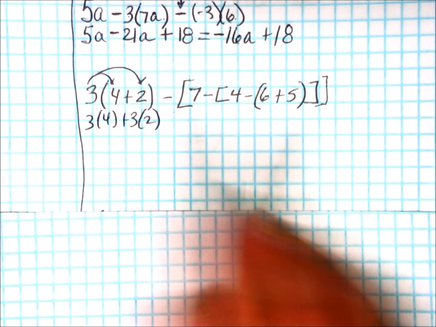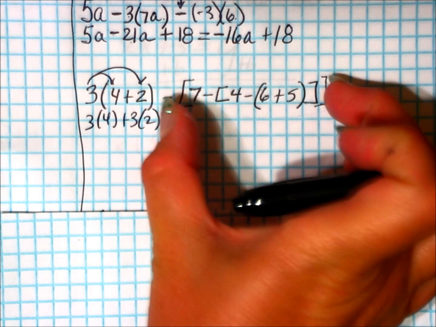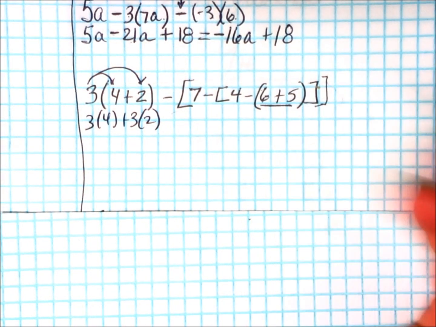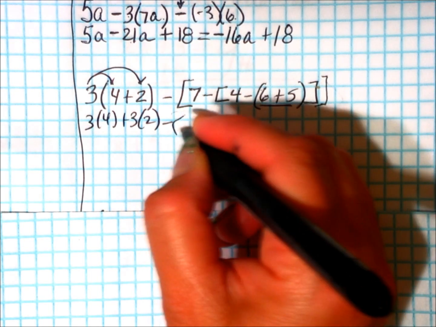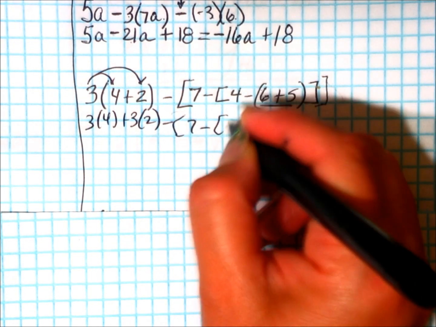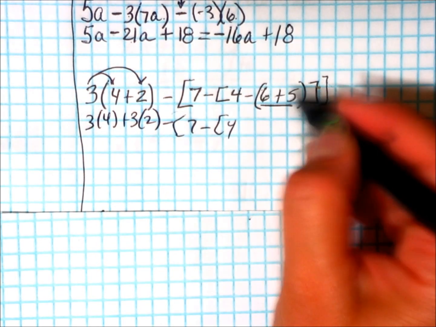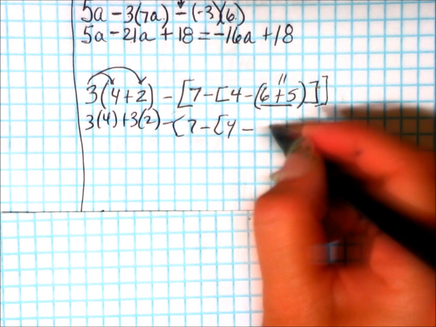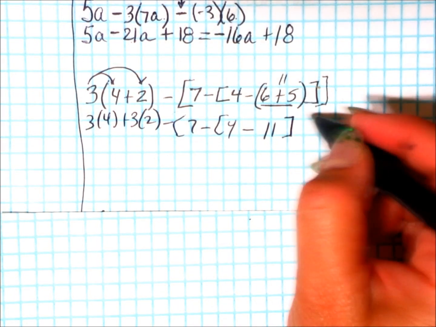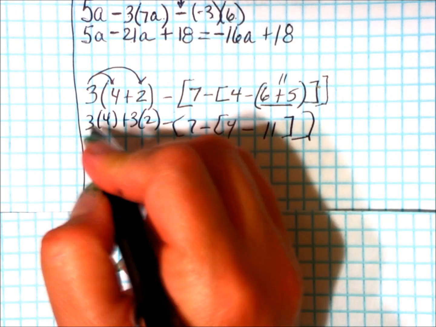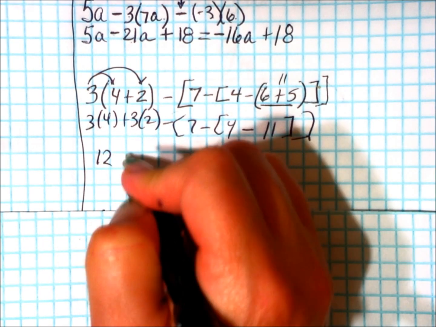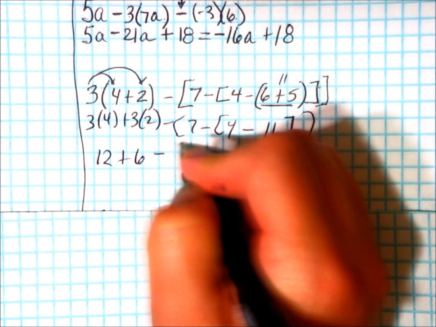Here I have all these parentheses going on. So there's outside, outside. Here's the innermost. So I'm going to go ahead and copy the rest. Here I have 11. So negative 11. 12 plus 6 minus.